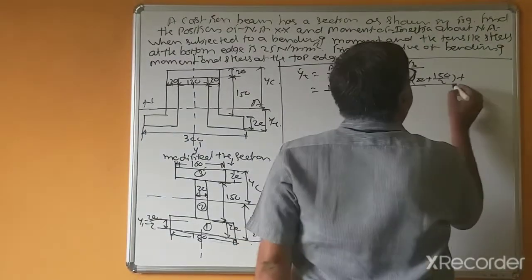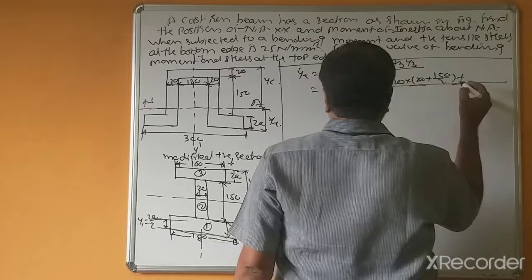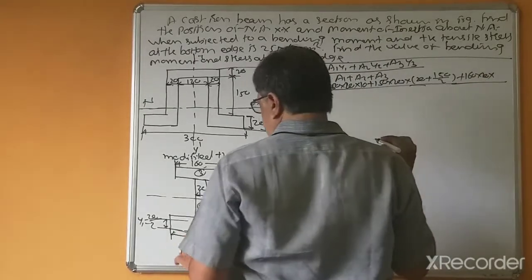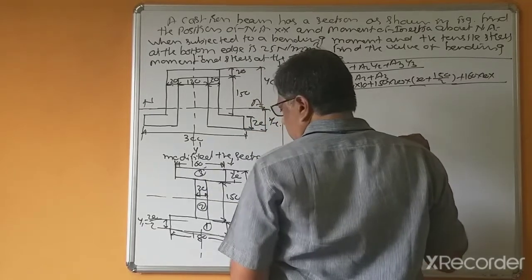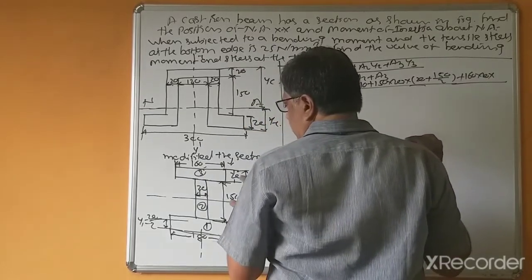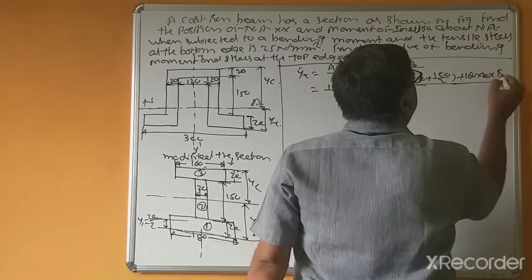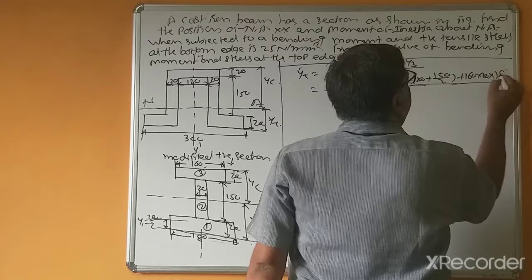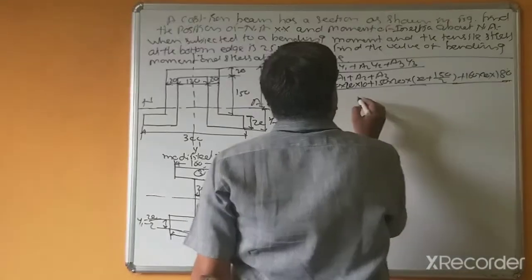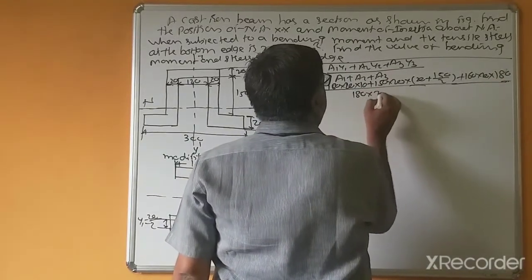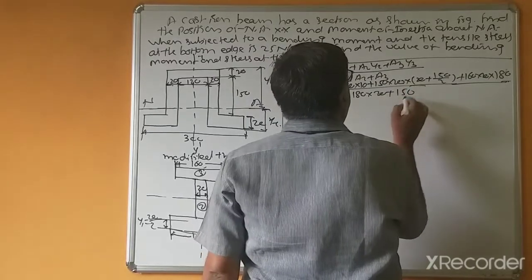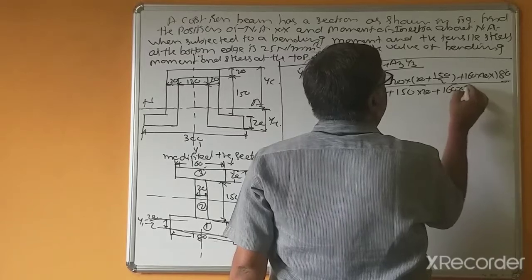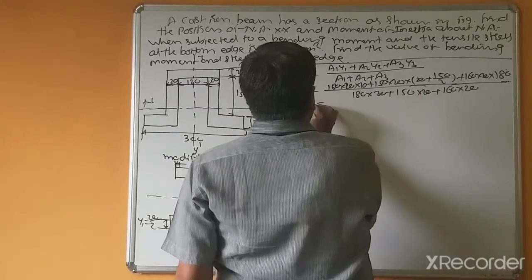Plus A3, 160 into 20, directly can I write 20 plus 150, 170 plus 10, this is 180, divided by the total area, and this is YT.